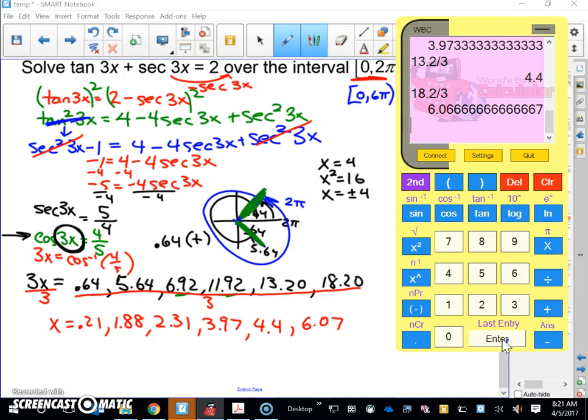So something strange happens when you square both sides, that you add this extra solution on there that wasn't supposed to be there. Okay? And so that has happened, and what that means is you're going to have to plug all of those in on the calculator. Okay? And so that's where the next slide comes in.